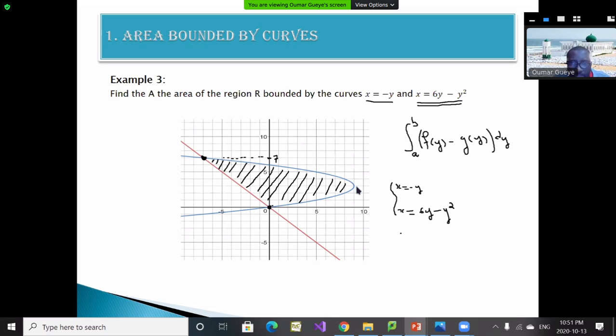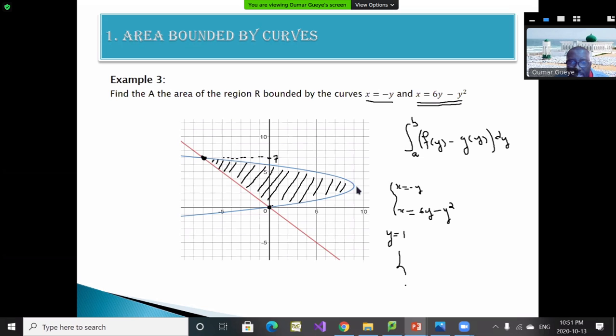You pick any number between 0 and 7 and you substitute in the two equations. I'm going to take, for example, y equal to 1. Any number between 0 and 7. 0 and 7 are the values of y. Don't take x equal to 1. So we take y equal to 1 between 0 and 7.